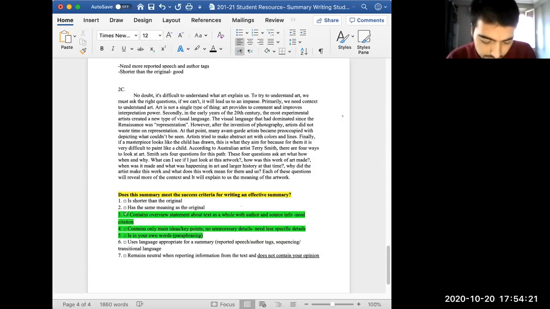And for criteria 5, the author who wrote this summary could use more paraphrasing with giving credit to the author and the article. And about criteria 7, it is actually neutral, but because paraphrasing is missing in the text, it looks like it is not.